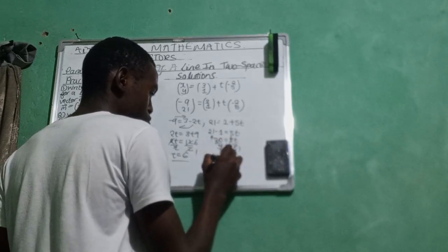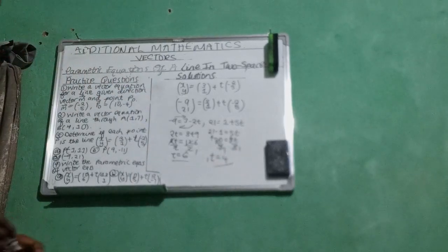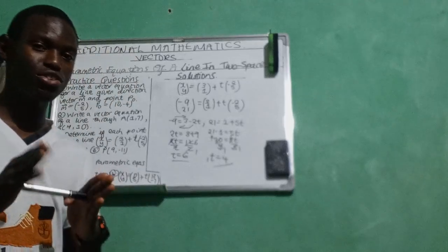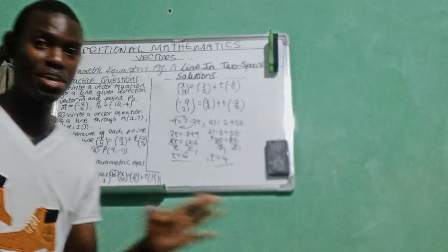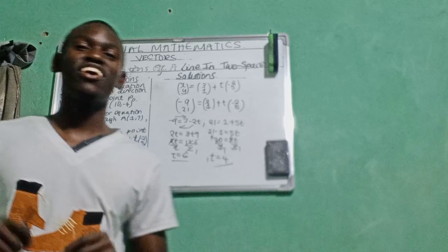So t is equal to 4. t is equal to 6, t is equal to 4. To conclude, you would say, therefore, because the values of t are not equal, the point P (-9, 21) is not on the line.